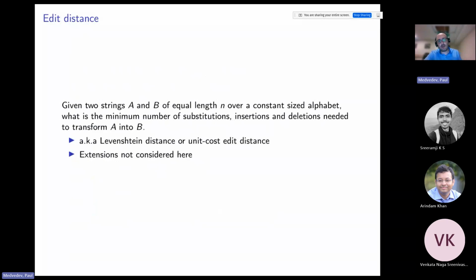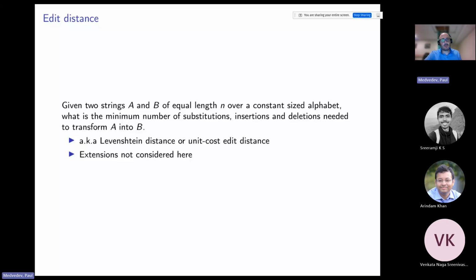So the edit distance problem, many of you have probably seen it, is: given two strings A and B of equal length n over a constant size alphabet, what is the minimum number of substitutions, insertions, and deletions needed to transform A into B? This is really a unit cost version of edit distance.